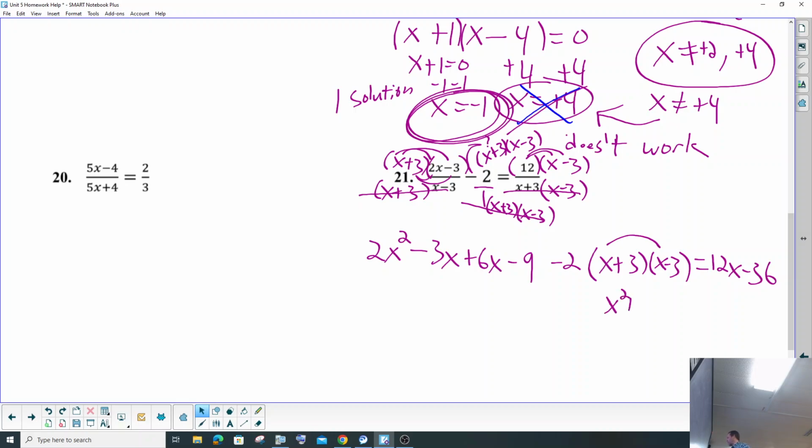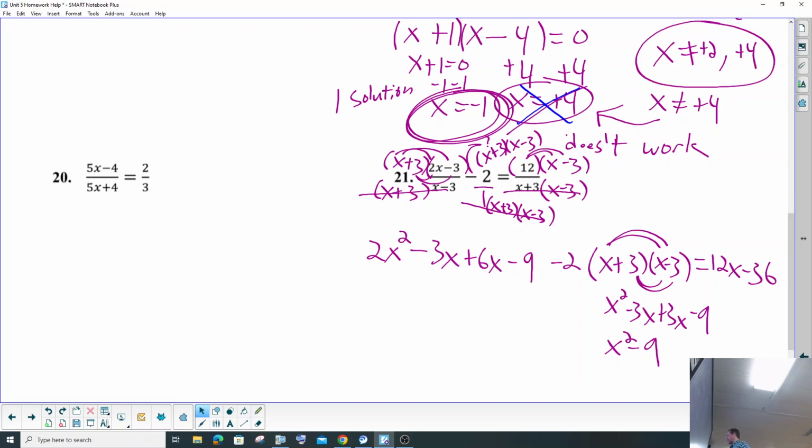So that's going to be x squared with a negative 3x, and then a positive 3x, and then 3 times negative 3 is a negative 9. So you have to distribute before you can multiply the negative 2 through. And so then we get x squared minus 9.